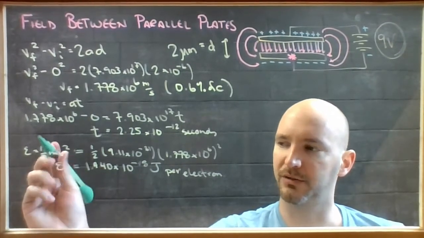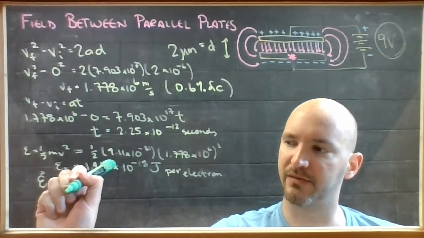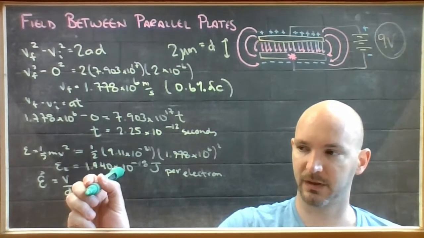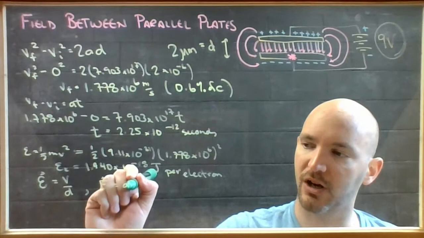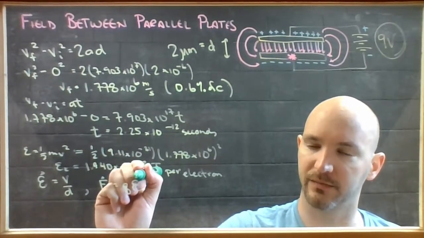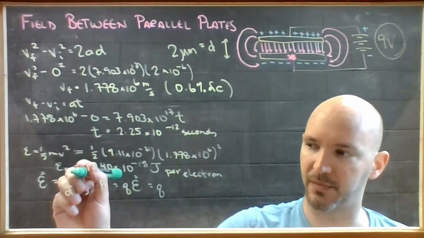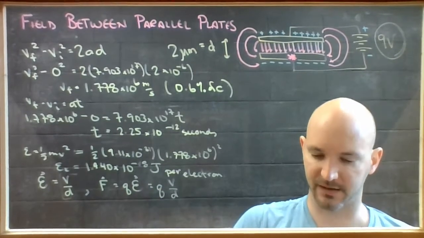If you recall, the electric field was the voltage divided by the distance. The force was the charge multiplied by the electric field, which means that it's the charge multiplied by the voltage divided by the distance.